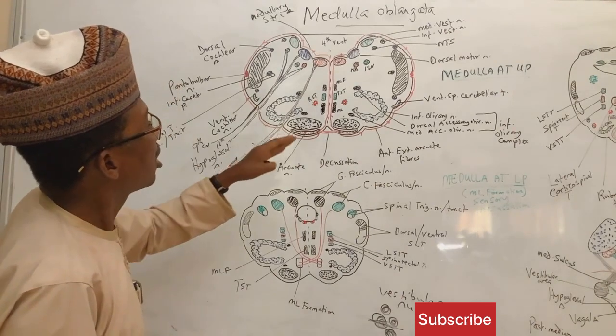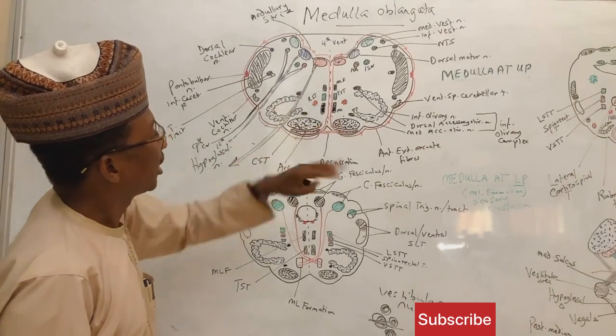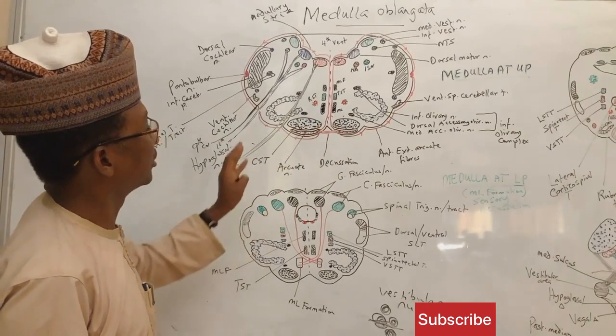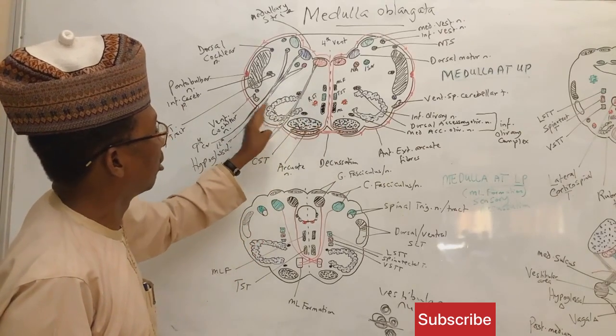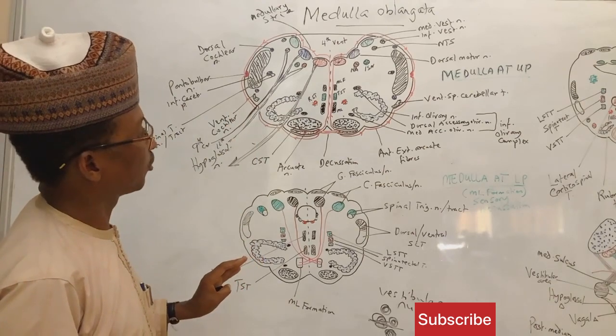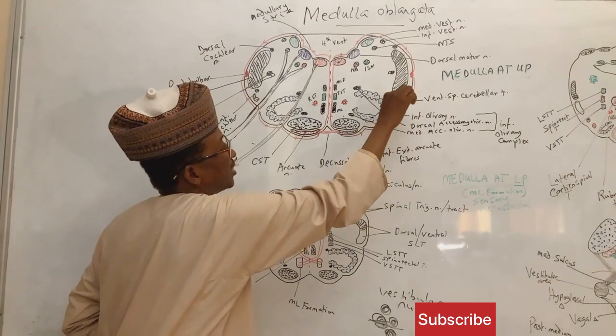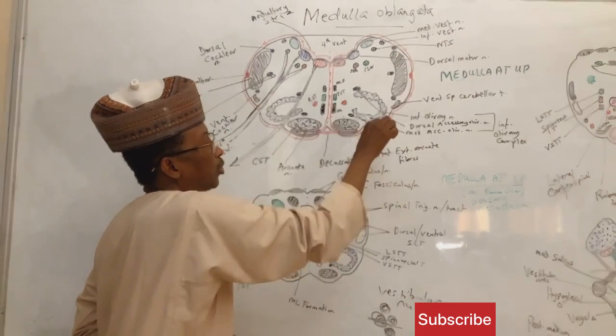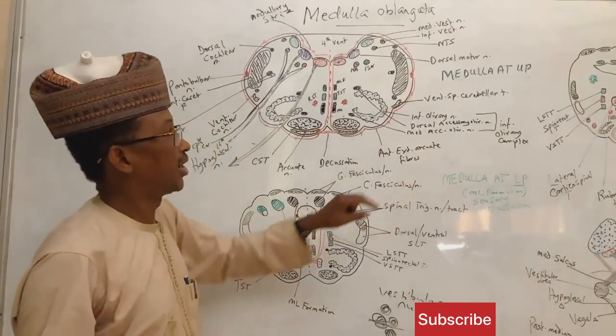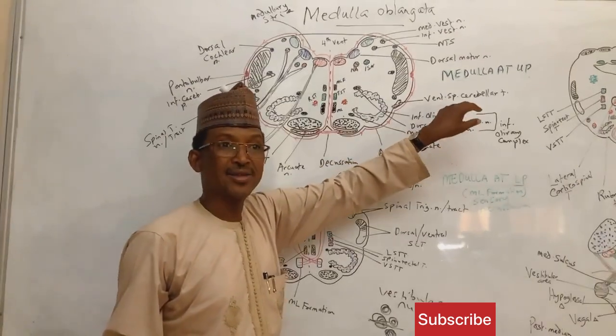So now we have seen the internal structure of the medulla oblongata at the level of the open part of it. Just lying anterior to the inferior cerebellar peduncle, you will only be able to see the ventral spinocerebellar tract.